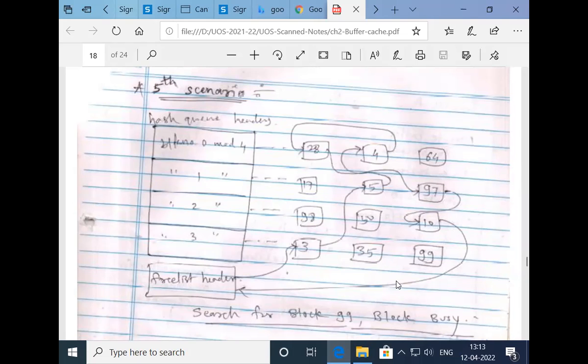Draw this diagram under fifth scenario. Is it over?